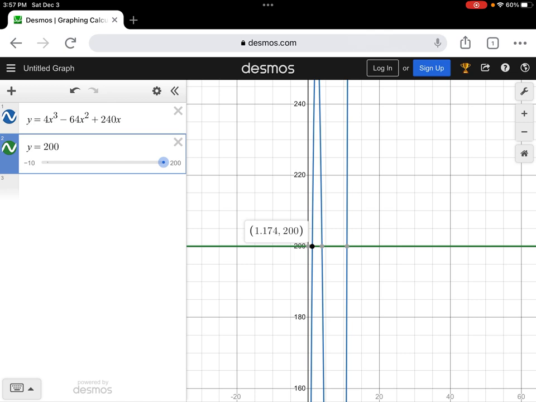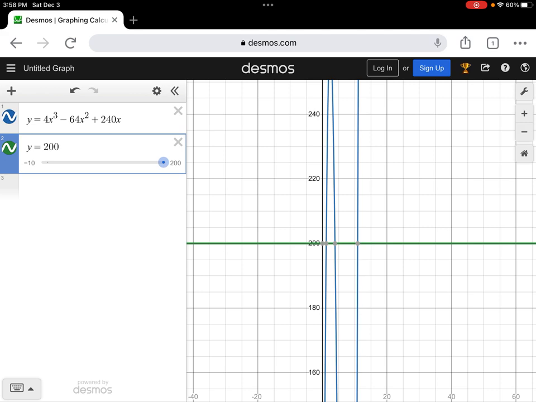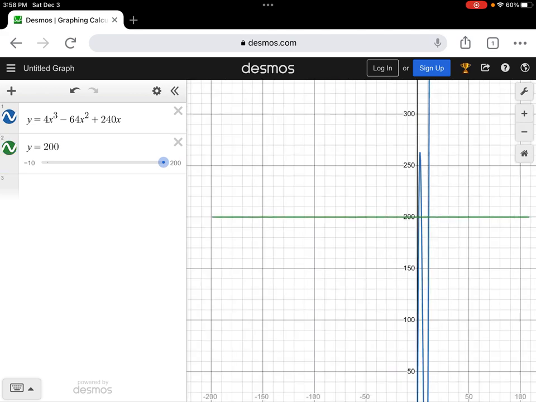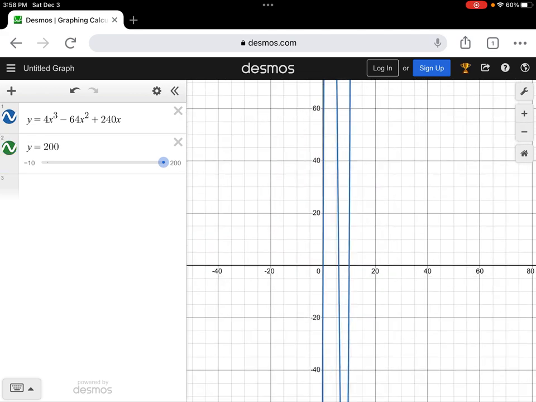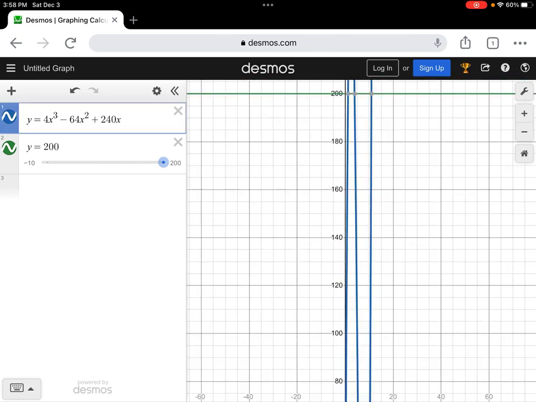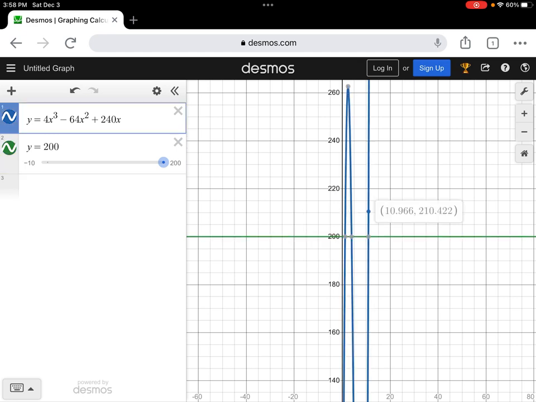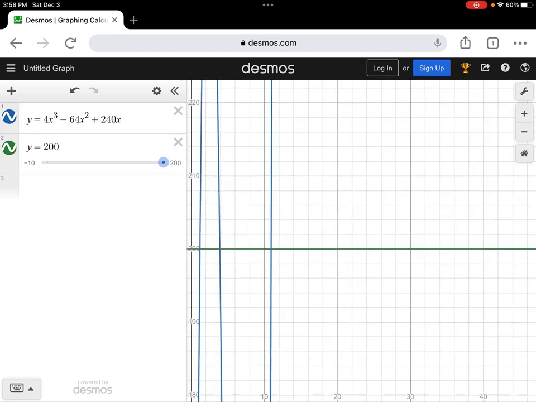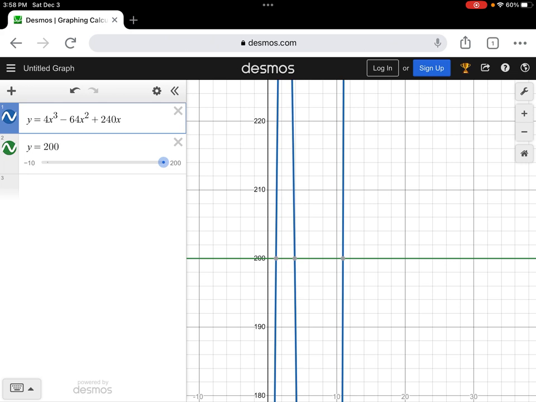So this point right here is showing me that at an x value, in other words, at that x dimension, you have a volume of 200. And then you also have the same thing happening here. You can't really consider this other part here. That's not really useful because that branch is going below 0 and then coming back up. So you're really only looking at these two values, those first two intercepts. So here and here.